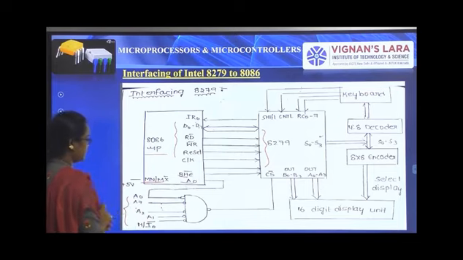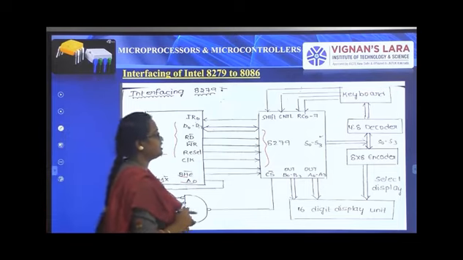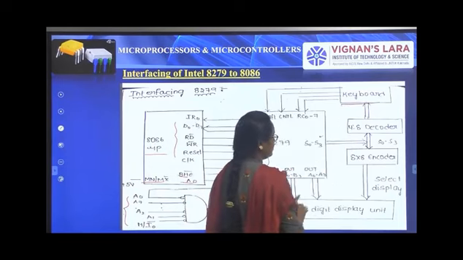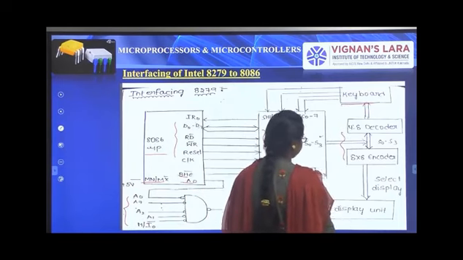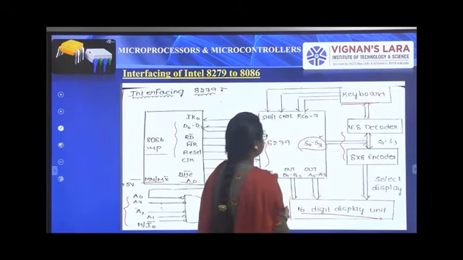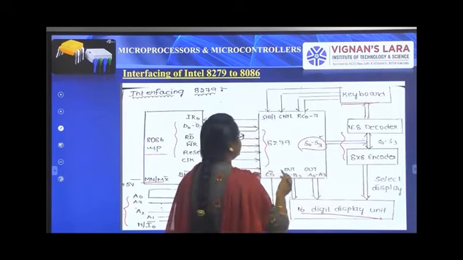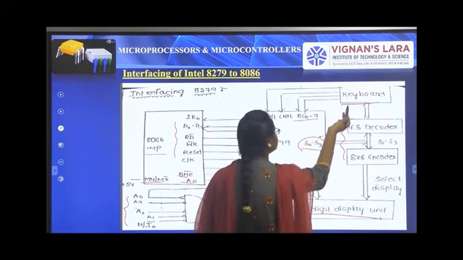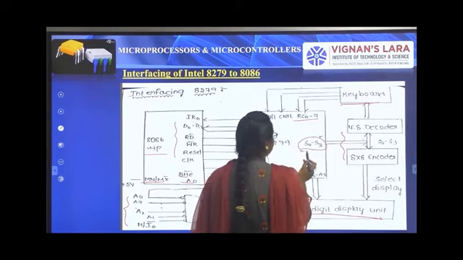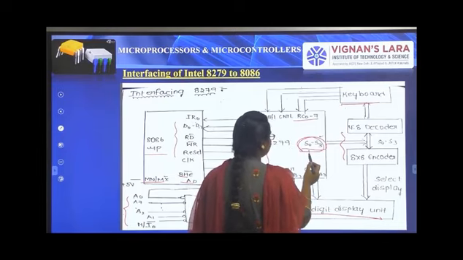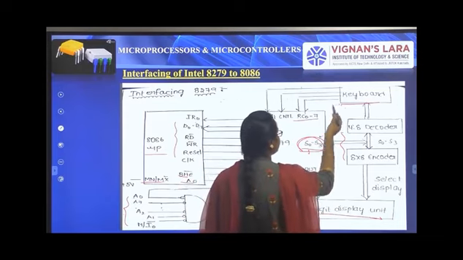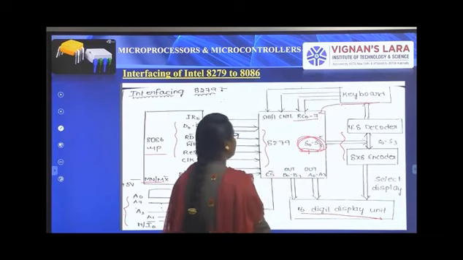And this is the logic, the keyboard for pressing keys, the decoders for scanning, and the display unit. The rows present in the keyboard are shifted to the scanner, and by using this scanner, whatever key is pressed will be detected.